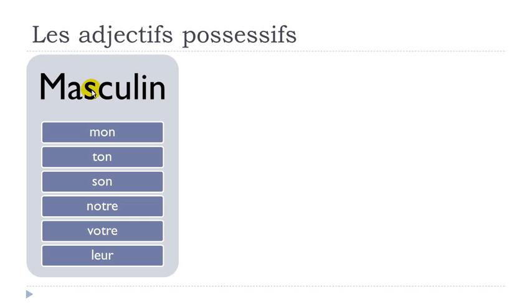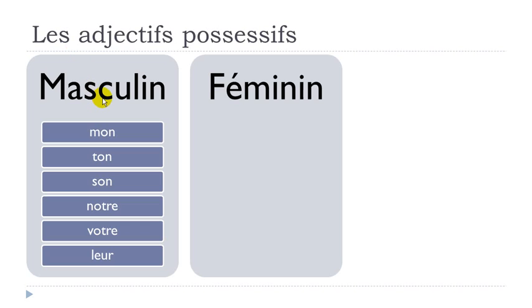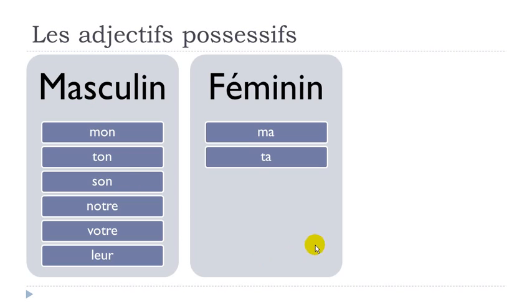Okay, so we saw first here the masculine form. Let's check the feminine form, and it's ma, ta, sa. So you can see of course differences, but still, it works like M, T, and S. So, mon, masculine, ma, feminine form, ton, masculine form, ta, feminine form, son, masculine form, sa, feminine form.